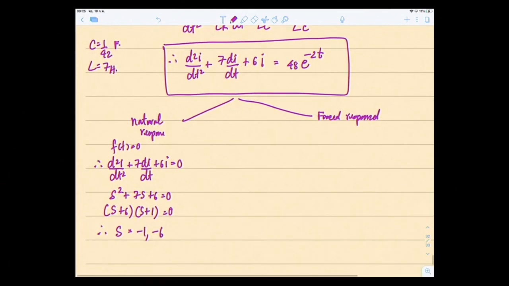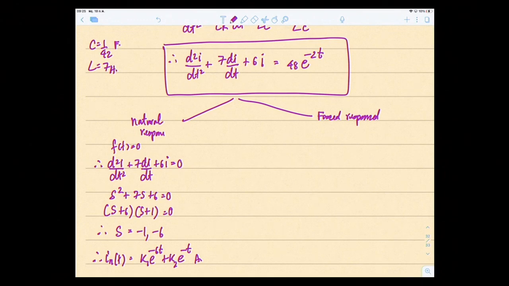That means they are distinct, not the same. So your solution for I_n of t would be k1 e to the minus 6t plus k2 e to the minus t. So this is your form of the natural response.